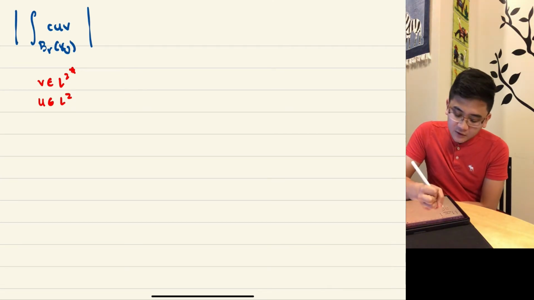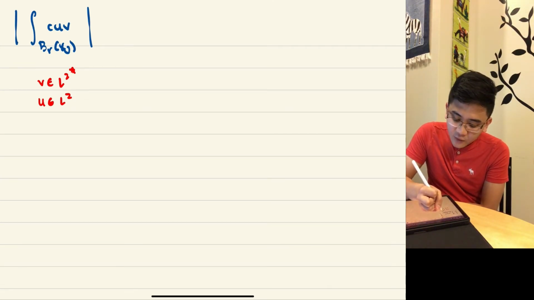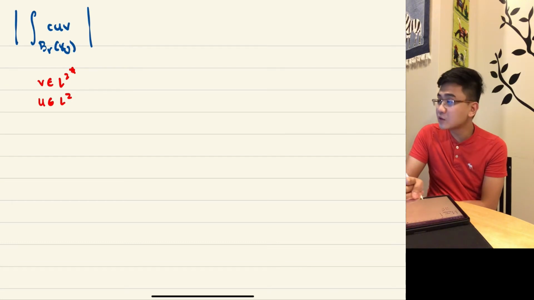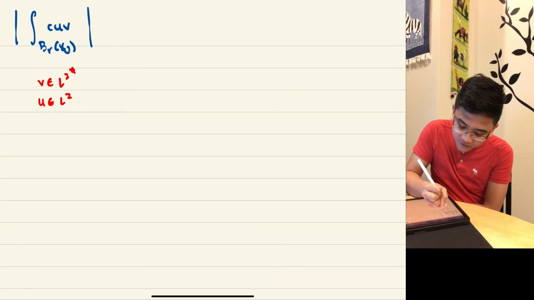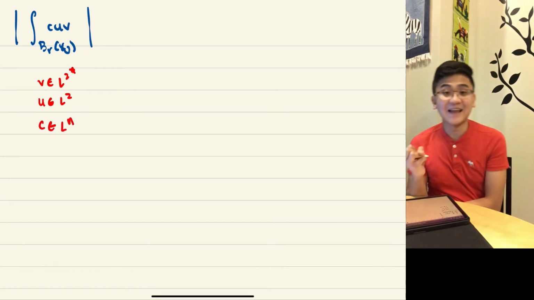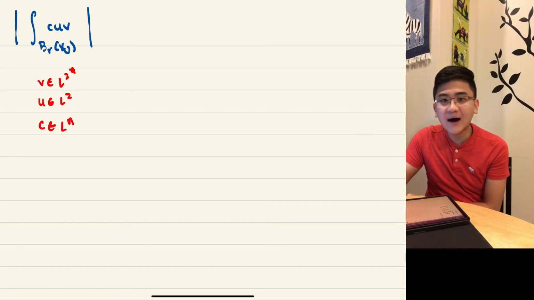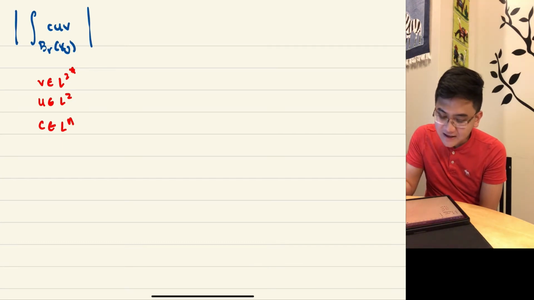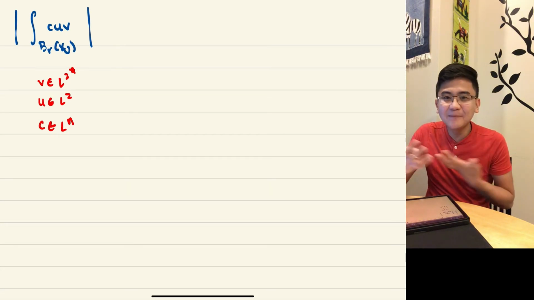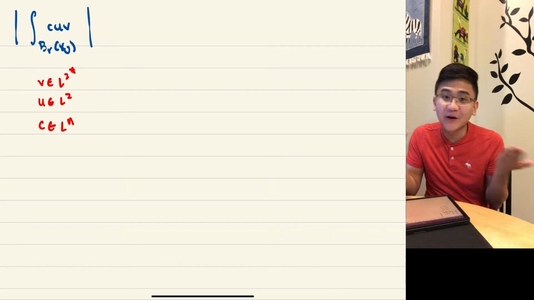If V is in L2 star and U is in L2, then to use Hölder inequality, this forces C to be in L^n. So this is why we need C to be in L^n, so that we can make the terms that we want appear.